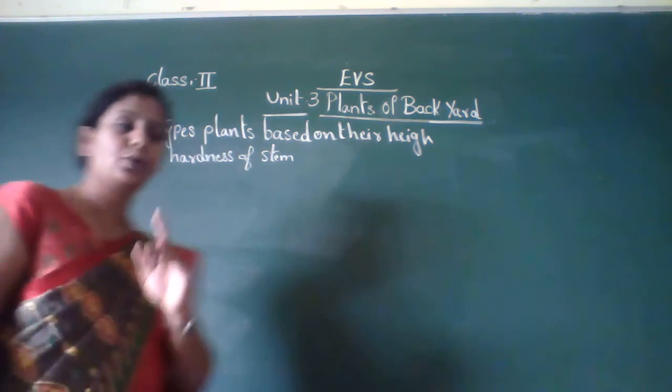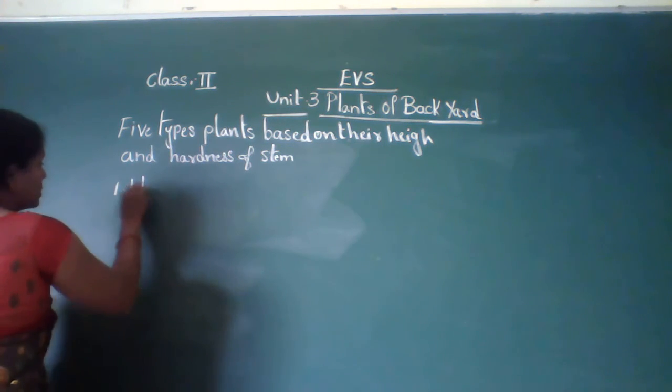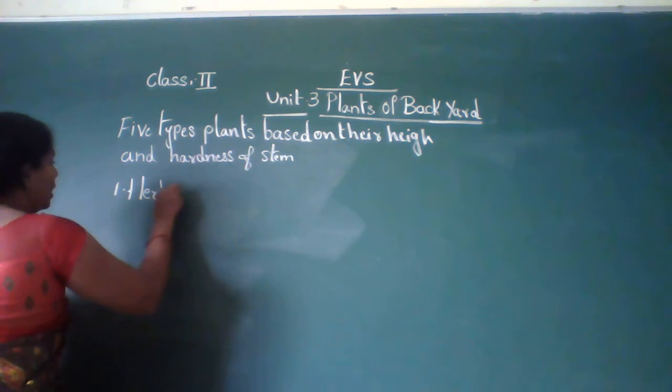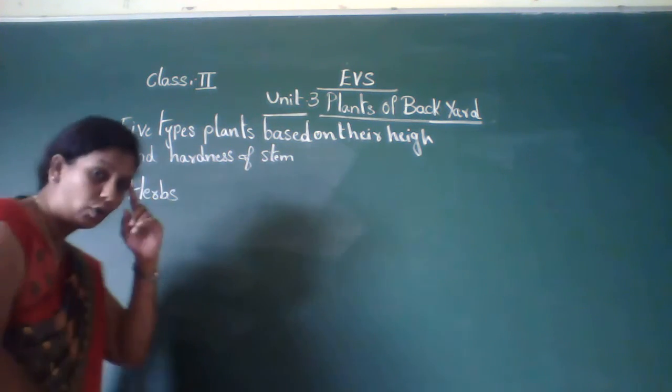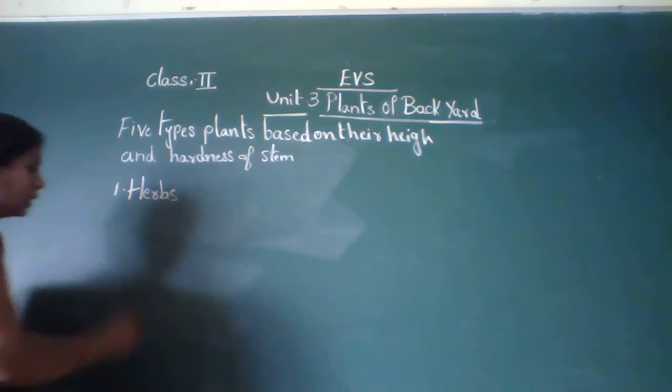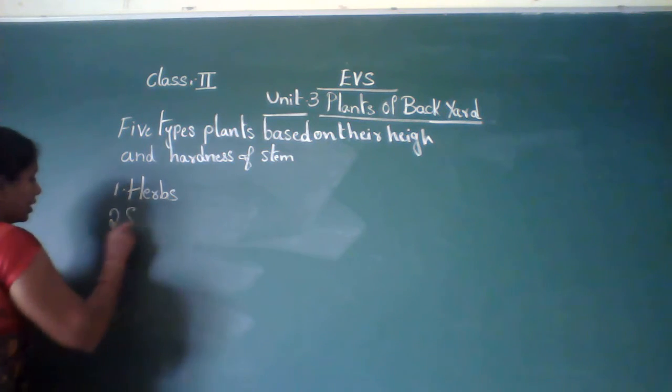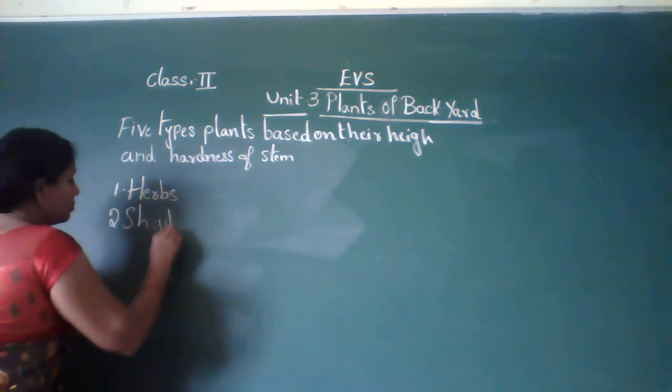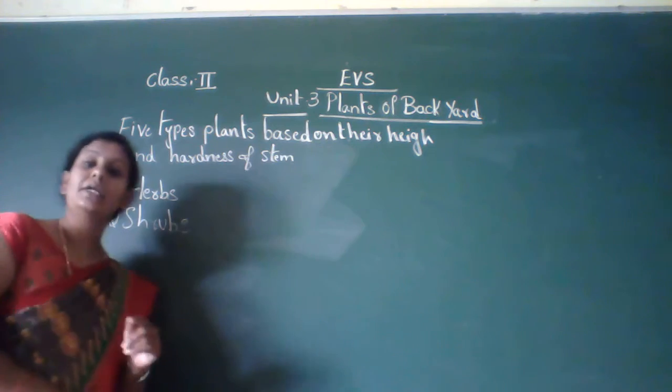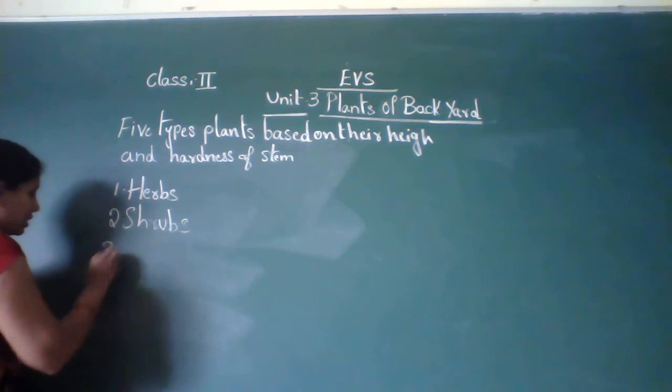Yes, very good. Herbs. So the first type of plants are herbs. Next, do you remember? Yes, very good. Shrubs. Okay. Herbs, shrubs, then trees. Very good. Trees.